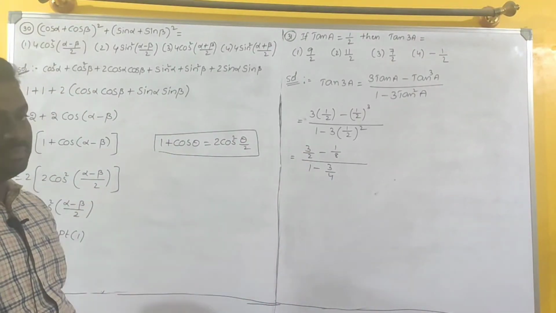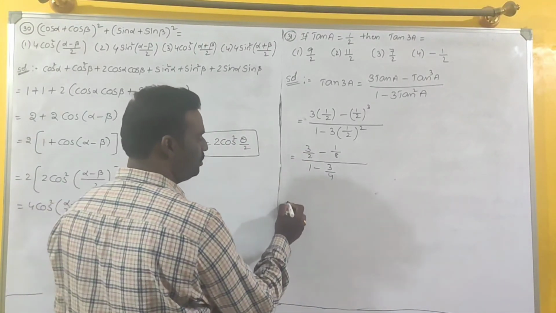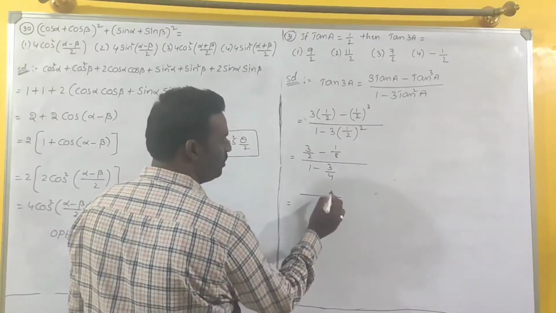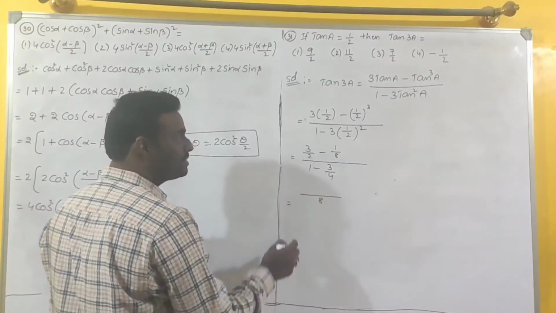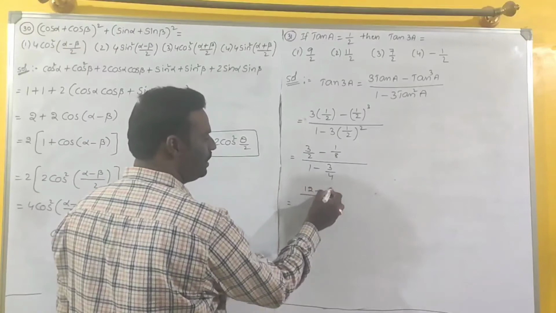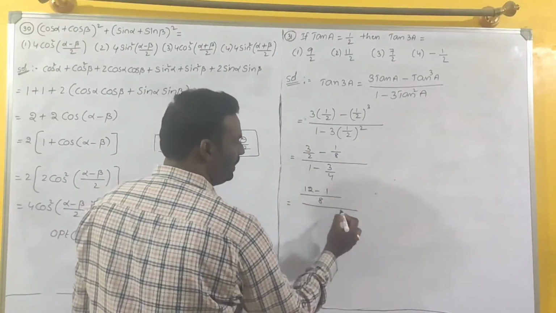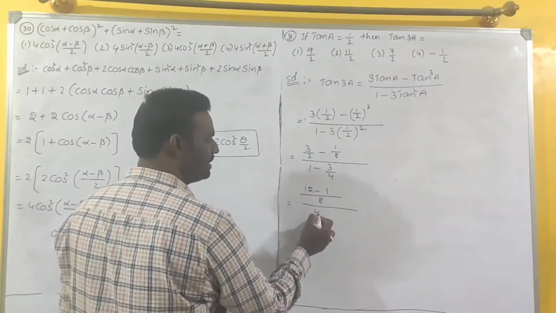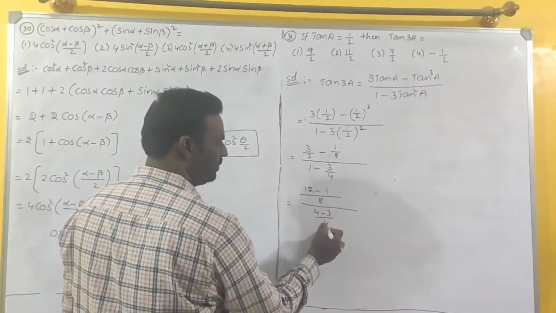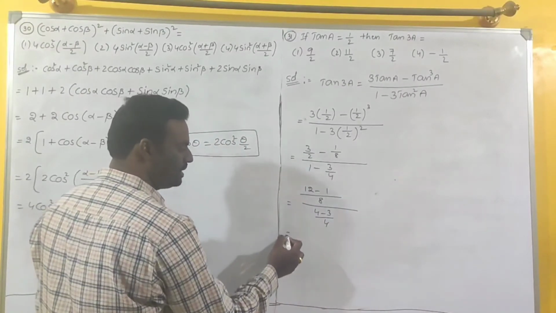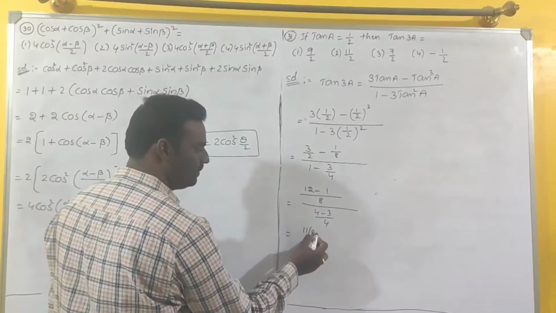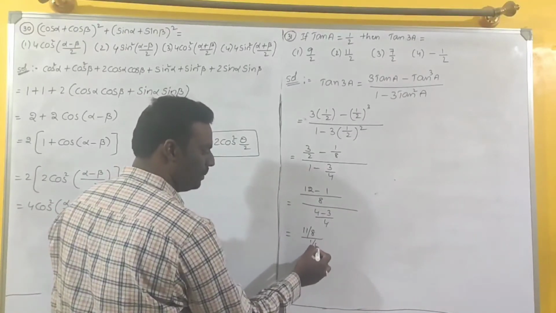I will take LCM in the numerator. The LCM of 2 and 8 is 8. 2 how many times multiply? 4 times. 4 into 3, 12. 8 in 8, 1 time multiply. 1 into 1, 1. By denominator, 4 minus 3 by 4. Now what you will get? 11 by 8 by 1 by 4.